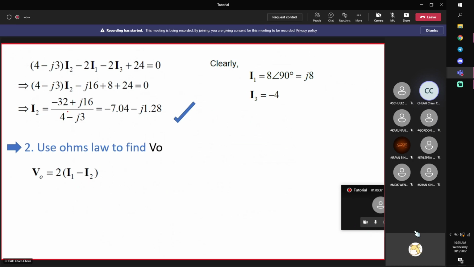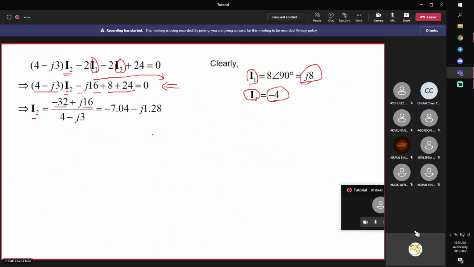I finally need to do subtraction, so I need a rectangular form. Therefore I need to convert this into rectangular form, because later on I still need to do subtraction. So bear that in mind, then you may not waste unnecessary time.